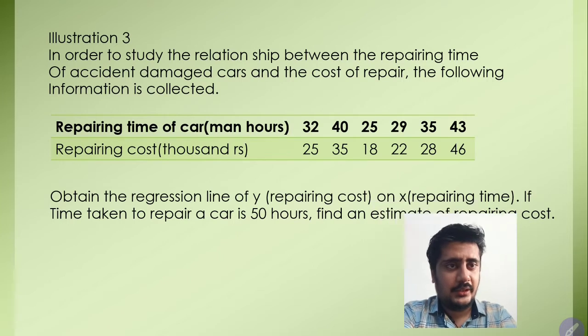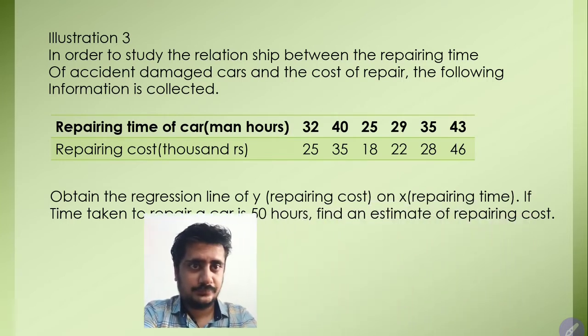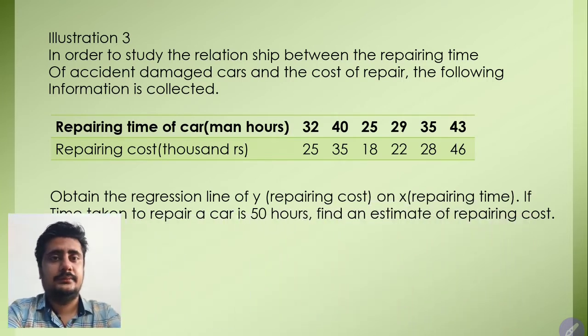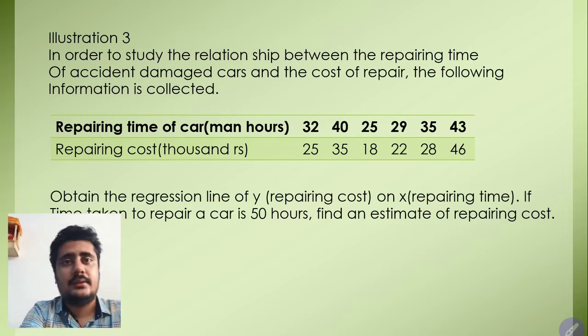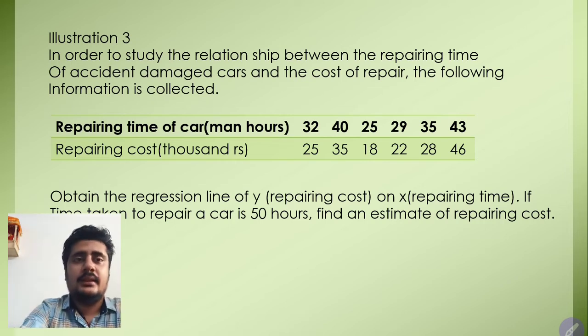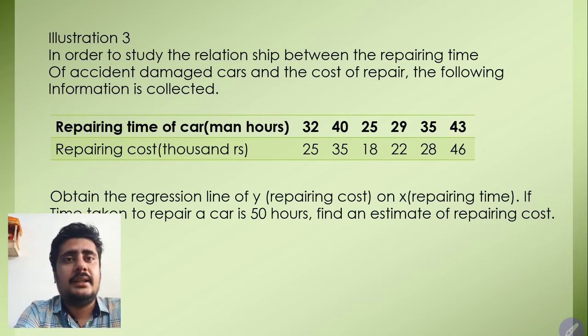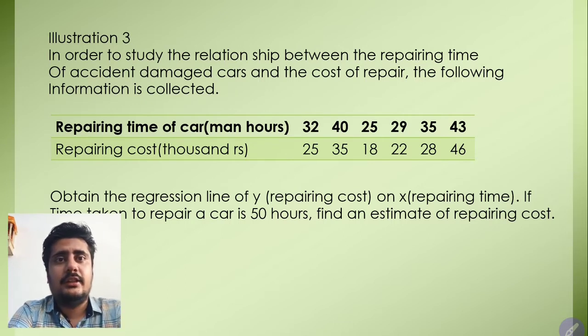Now we are doing illustration number 3, and let's read the question, then I'll tell you what's new in this. In order to study the relationship between repairing time of accident damaged cars and the cost of repairs, the following information is collected.